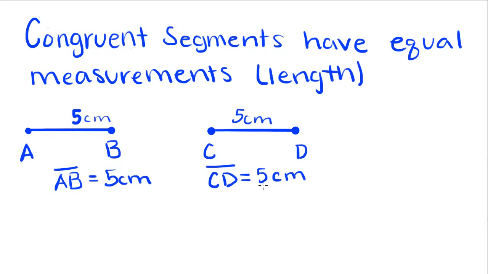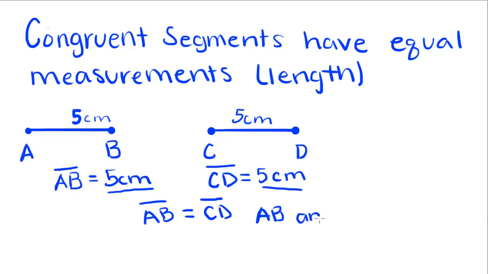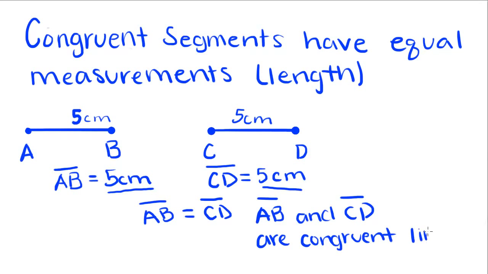And since they have equal length, we can say that line segment AB is equal to line segment CD, or that AB and CD are congruent line segments.